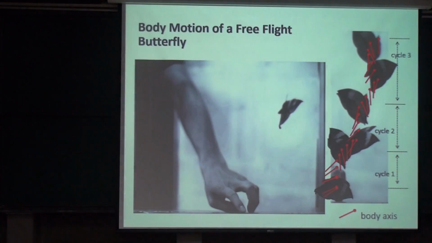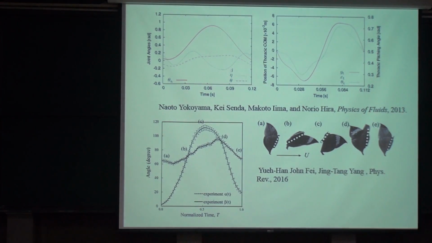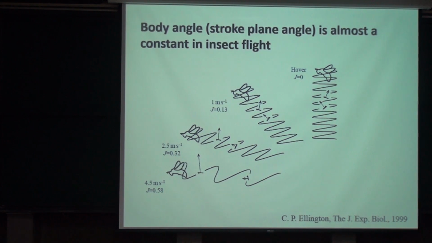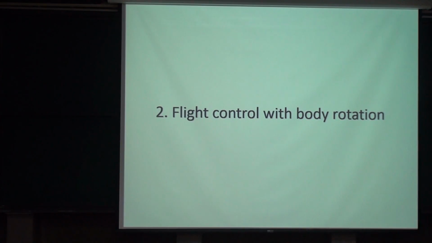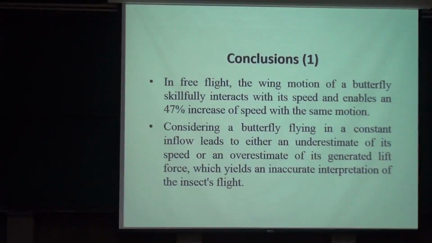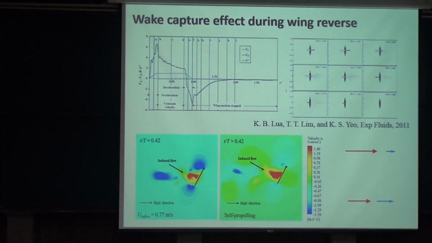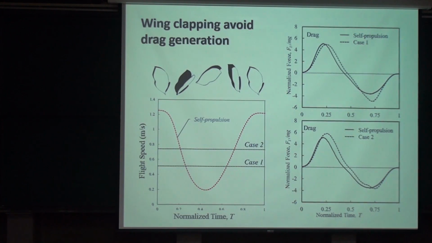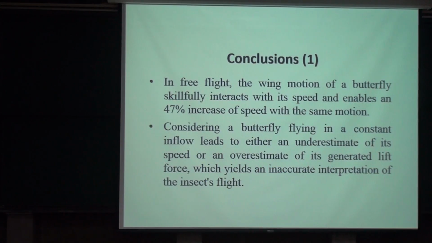I can only say it's my experience. I must admit that we used a rigid body structure. We tried to use a flexible wing, but we failed, because the wing is an anisotropic structure, not isotropic, and it's very difficult to analyze.